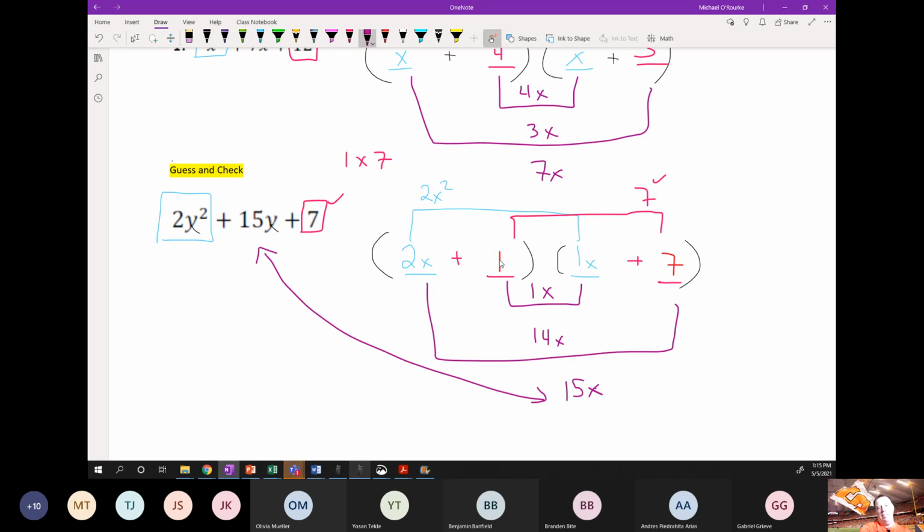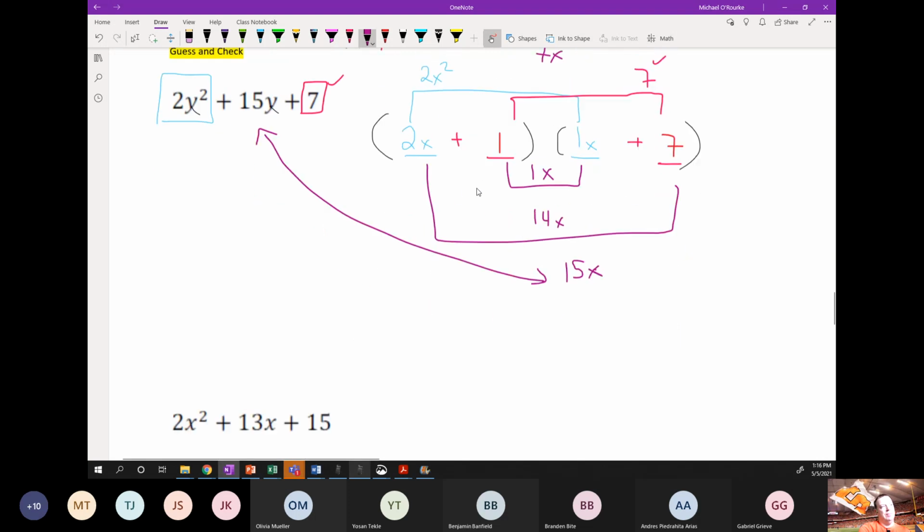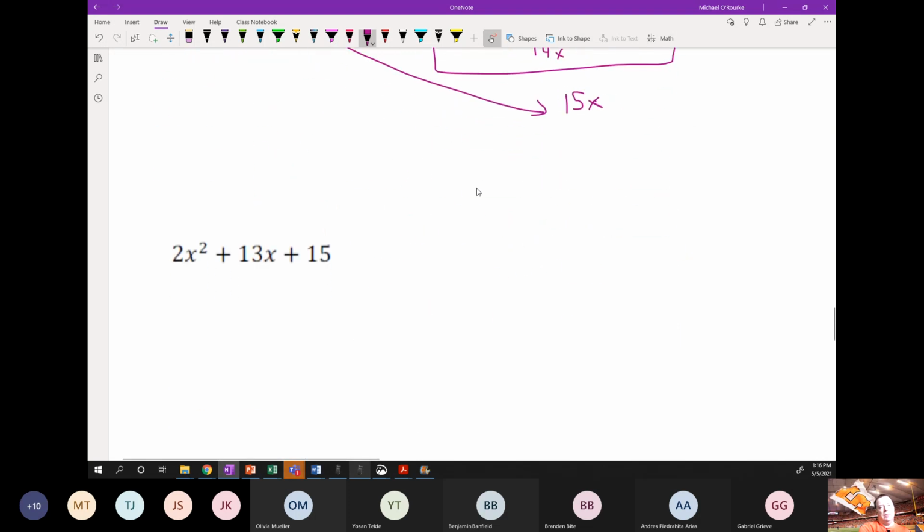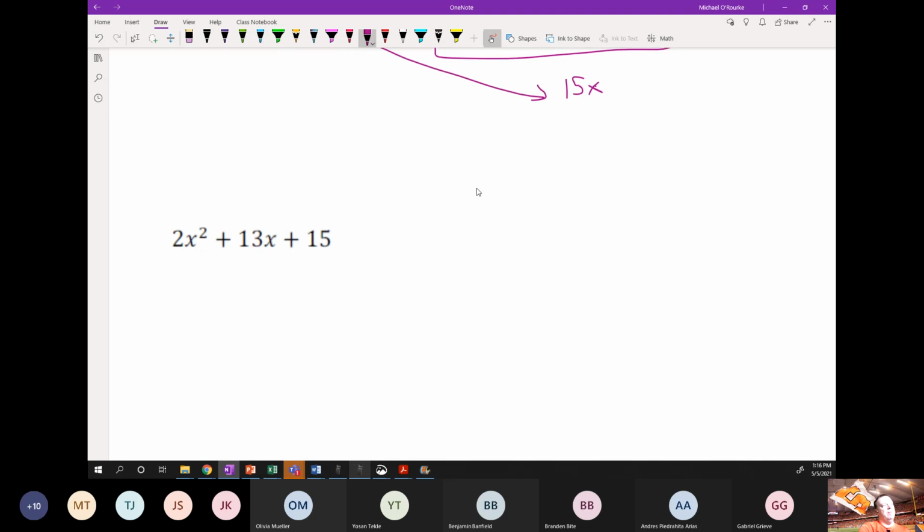Okay. We're going to keep practicing it. How many people have learned this method before of guess and check? Who's seen this before? So Farley hasn't. Has anyone seen this before? All right, that's perfectly fine.